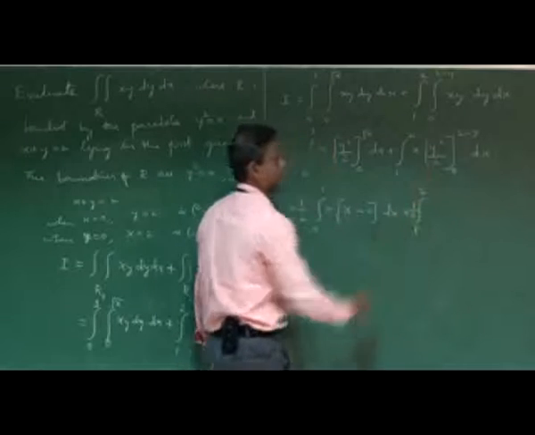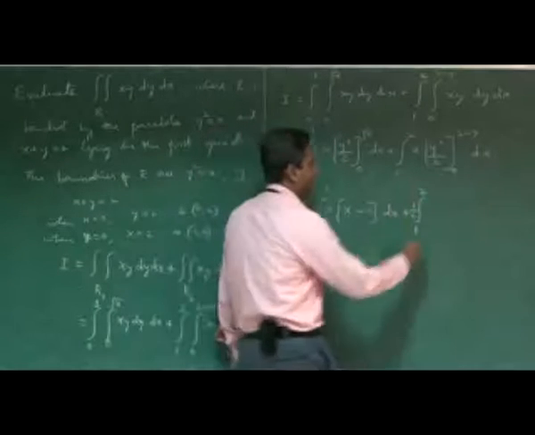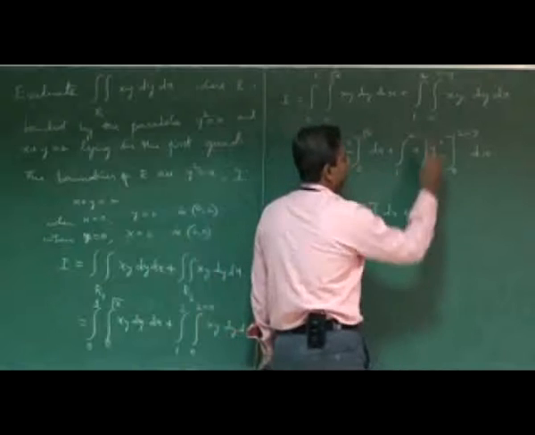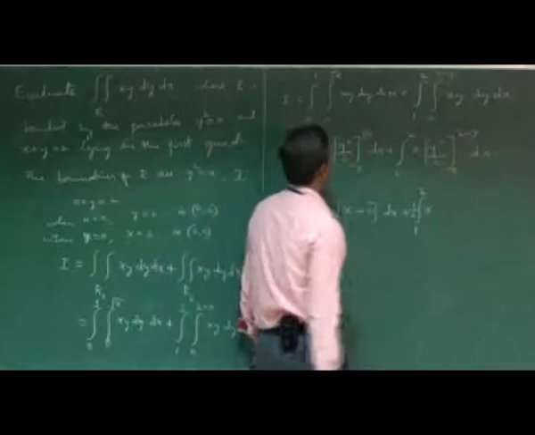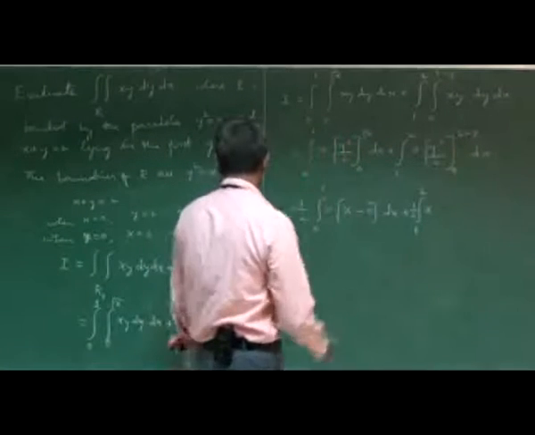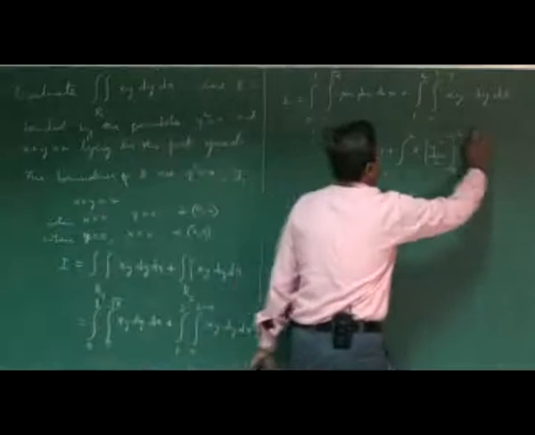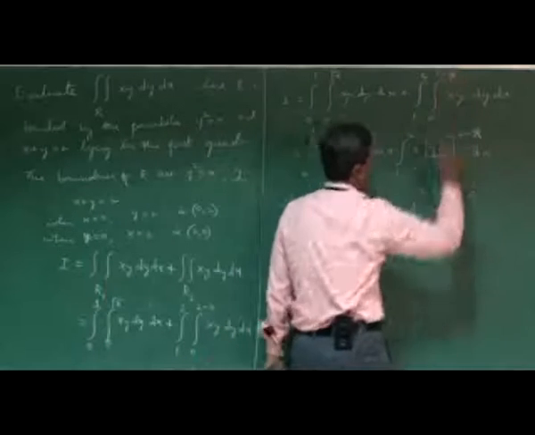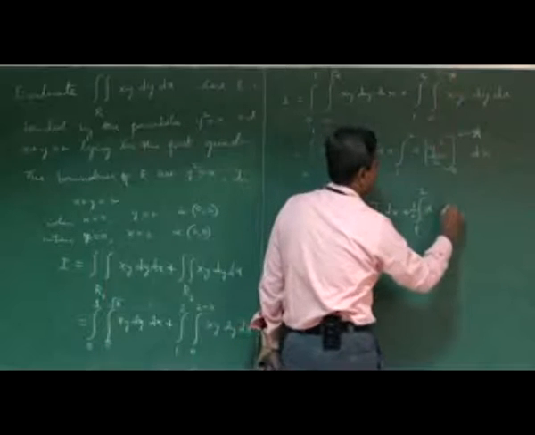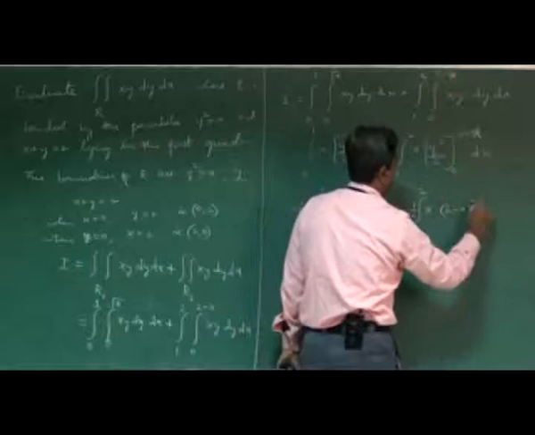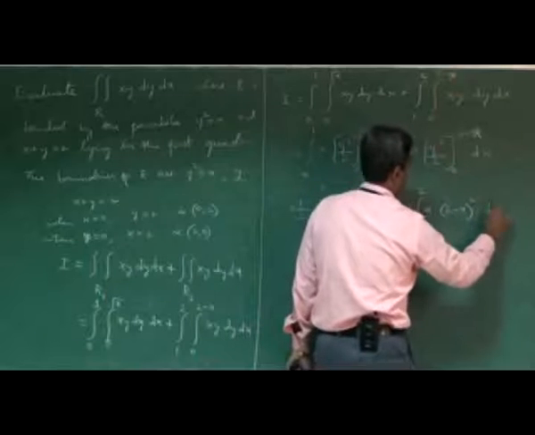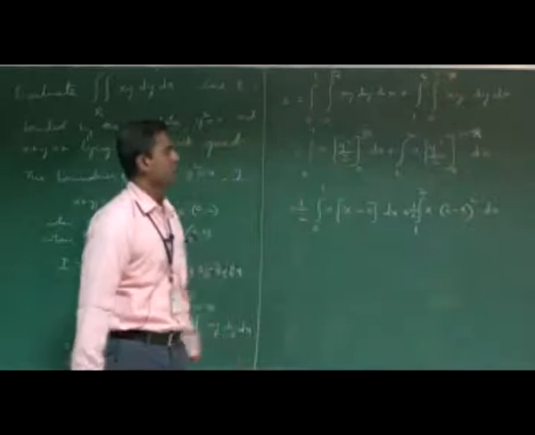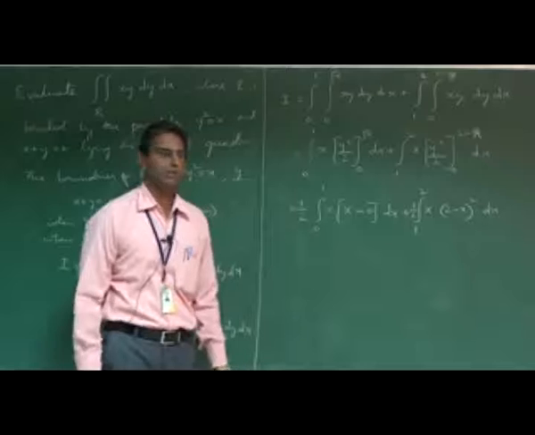Here 1 by 2 is a constant, you keep it, and then x into, you substitute for y, that is 2 minus x whole squared, dx, and the lower limit goes to 0.